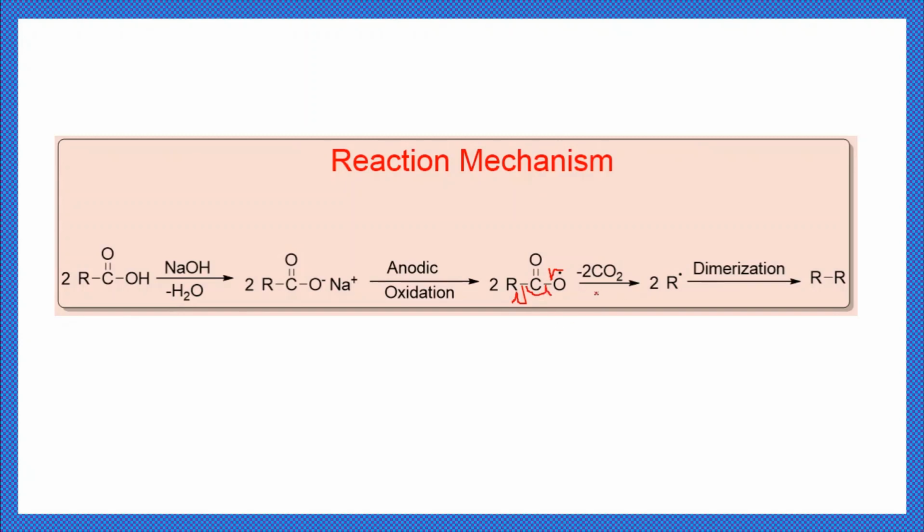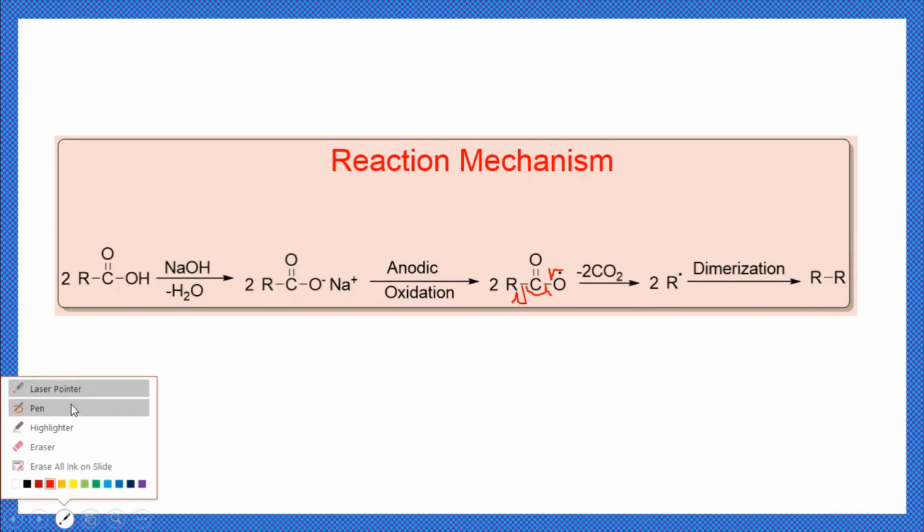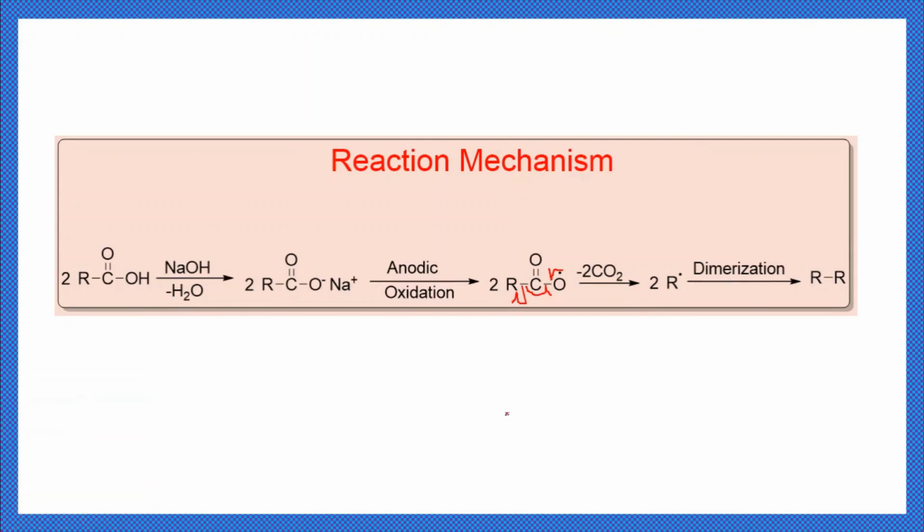You will get CO2 and R radical, minus CO2. Now you have 2 R radicals, so dimerization of these 2 R radicals takes place. Dimerization is simply the coupling of these 2 radicals.